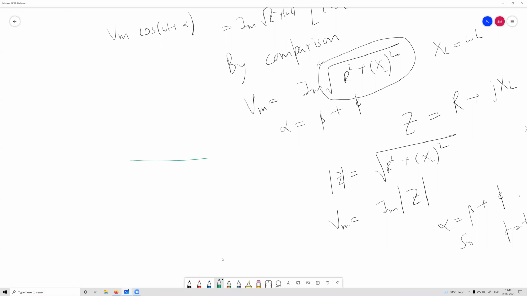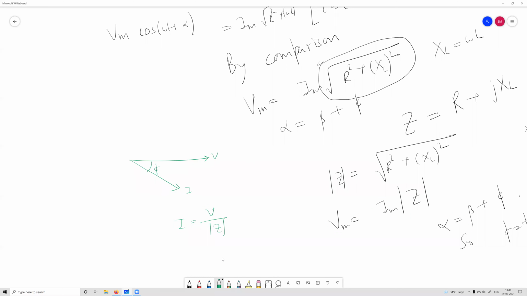If this is my V, my I would be something like this, and this angle is phi. And the length of I will be V by mod of Z.